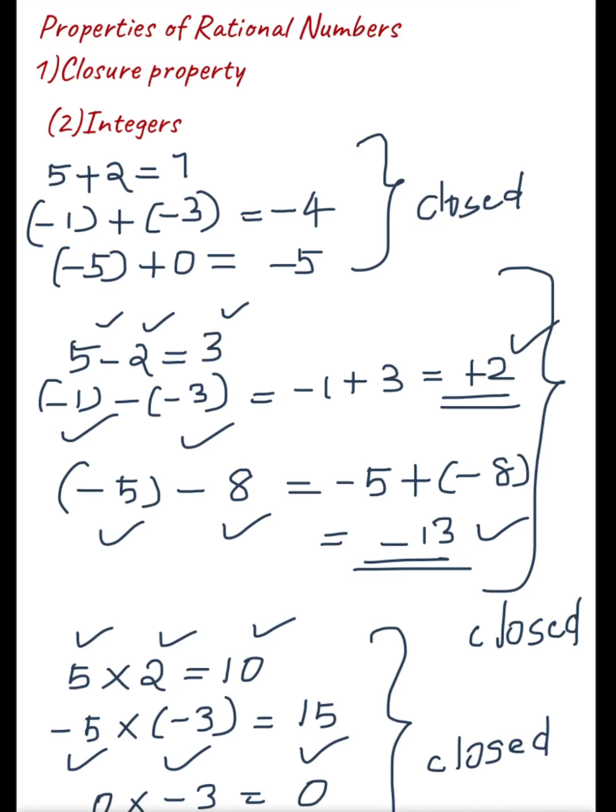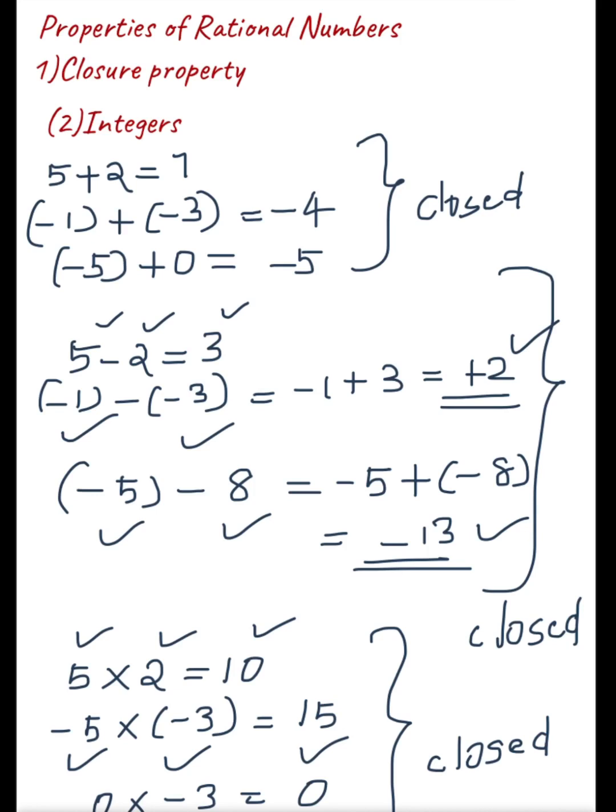And in the case of integers, you take any two integers and add, subtract, multiply or divide them. If the answer is again an integer, then you can say that integers are closed under addition, subtraction or whatever is given in the question. So this is what the closure property says.